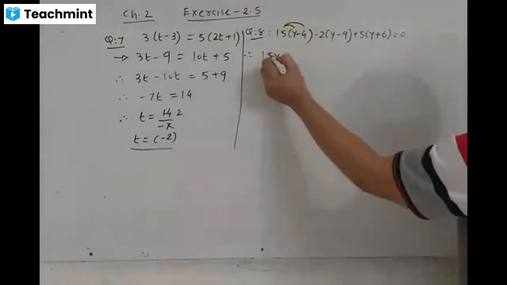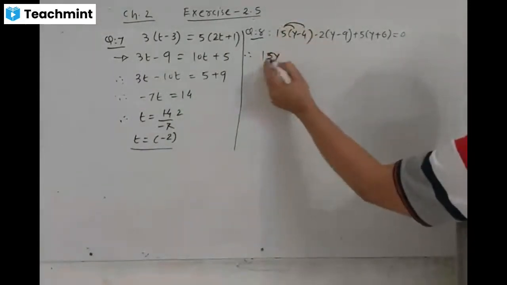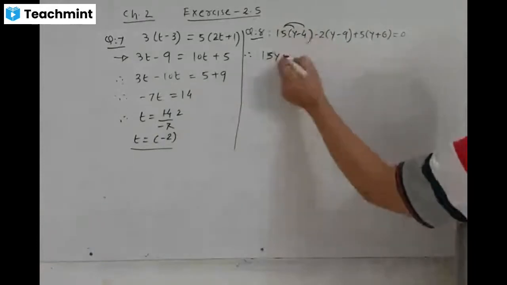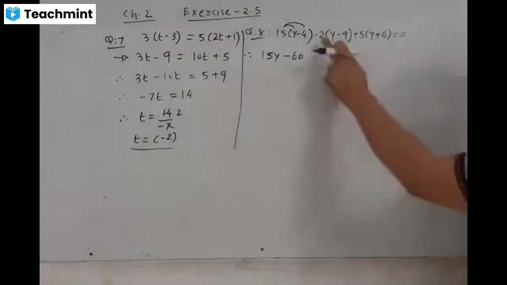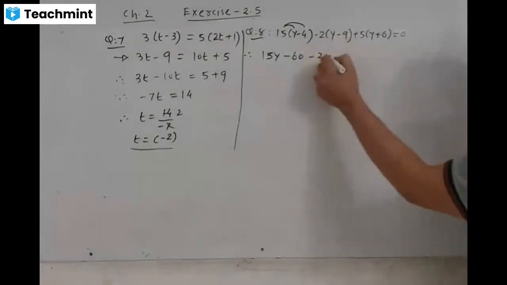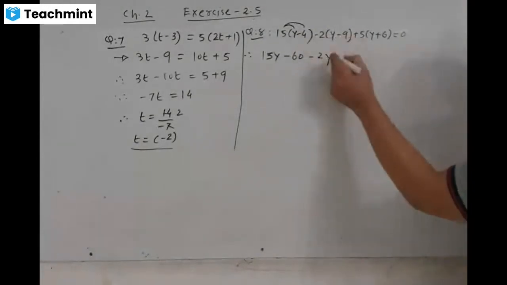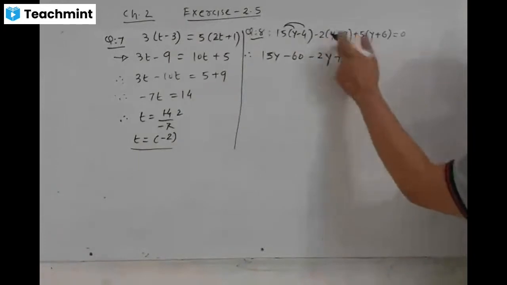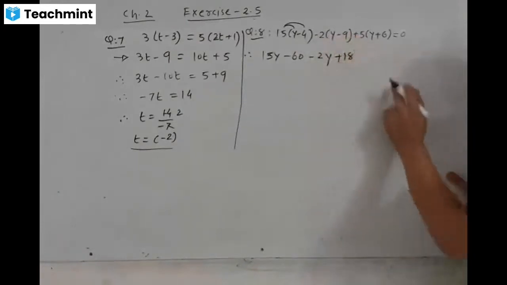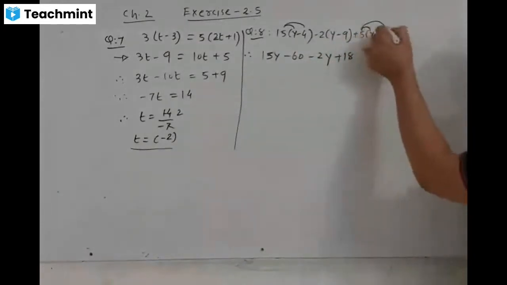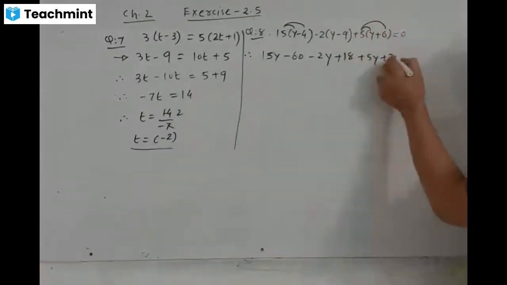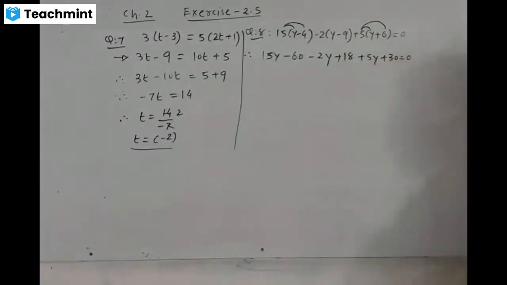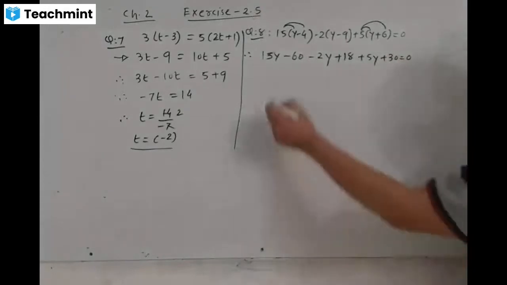that is 15y minus 15 4 जा 60, minus 60. Minus 2 into y, minus 2y, minus minus plus 2 9 जा 18. Again apply distributive law, 5 into y 5y, 5 into 6 that is 30 is equal to 0.